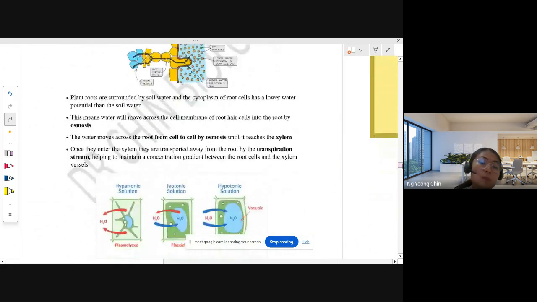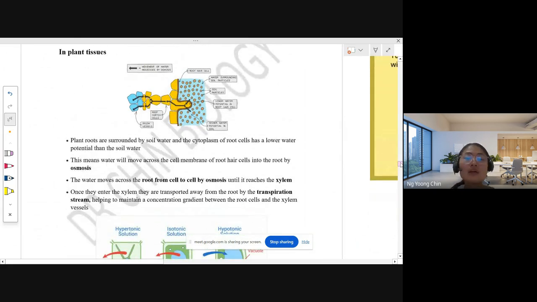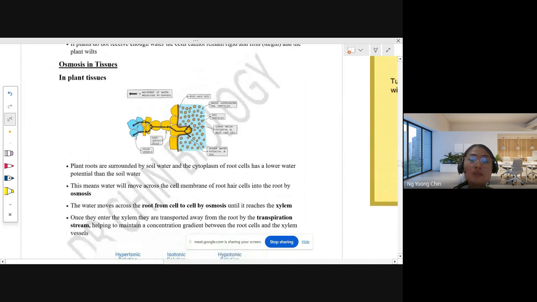Okay, then for your information, the plant mostly absorbs water from the soil water. Because the plant roots are immersed in the soil, right? And in the soil, there is a lot of water. The plant roots contain a lot of root hair cells.